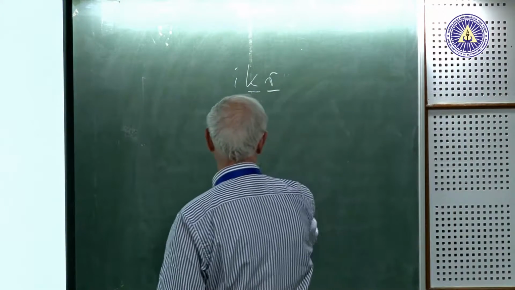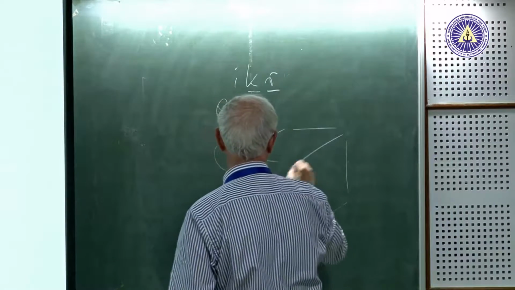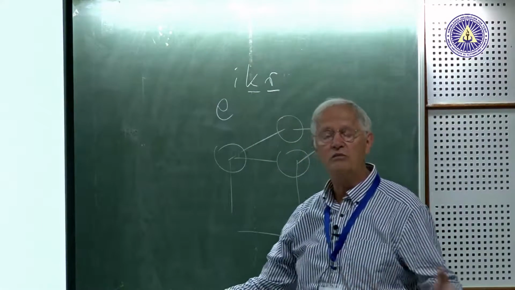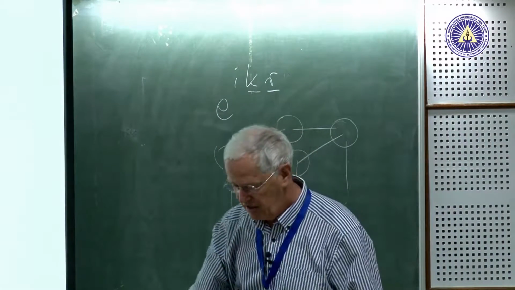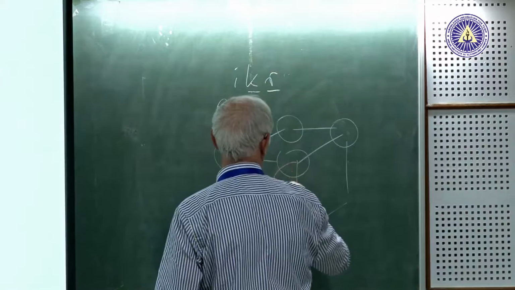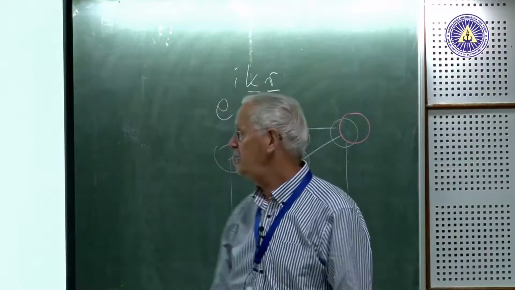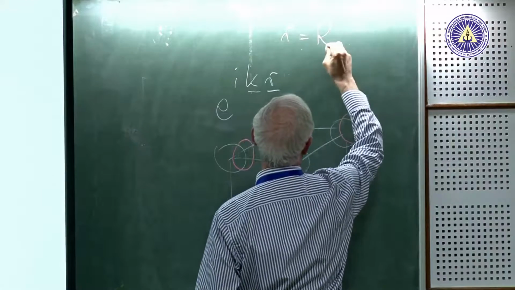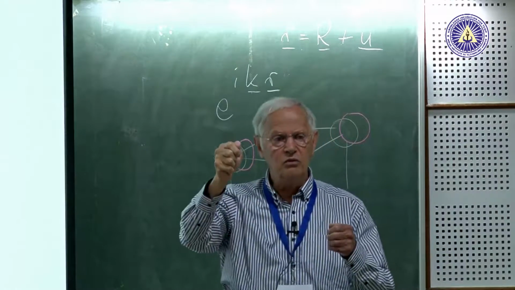Now, if the crystal is perfect, each atom sits exactly at its ideal position, then r is the ideal atom position. If, however, you have strain, then the atoms are removed from their ideal position in very different ways. Okay? And then r can be written as r plus u, where u is a displacement.